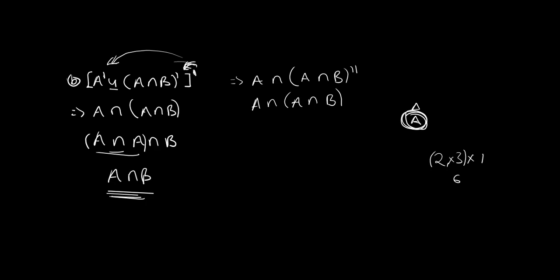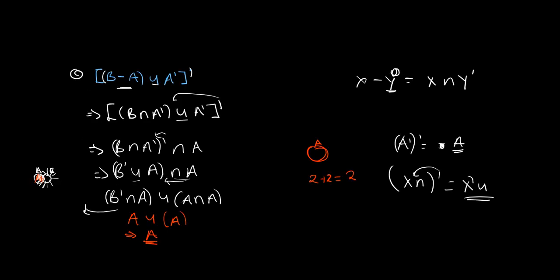Even if I put the brackets the other way, it still gives you 6. So I'll just change these brackets so that I can unite these two, then intersection like that. Meaning A intersection A, they will still intersect at A. All right, so that will be your final answer. That's how we solve that one.